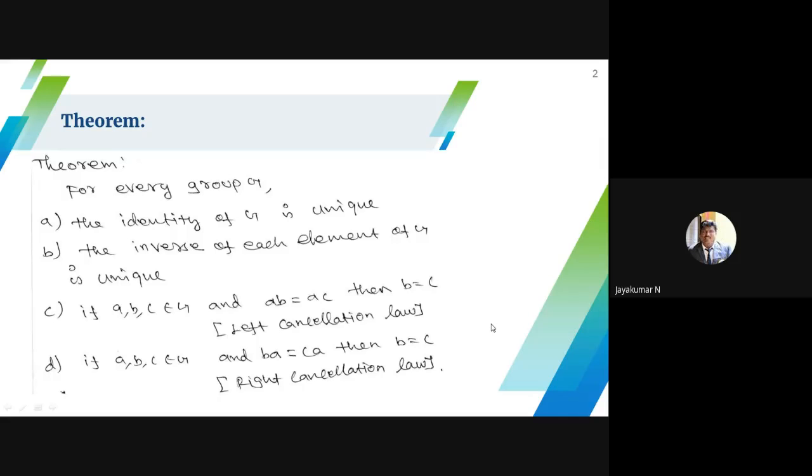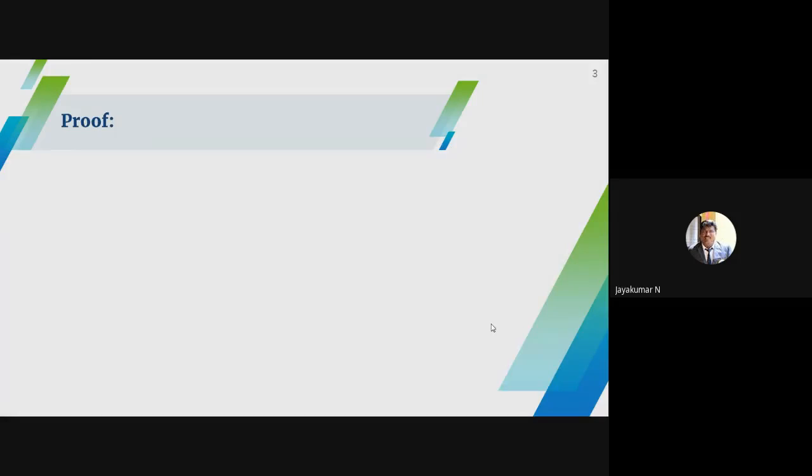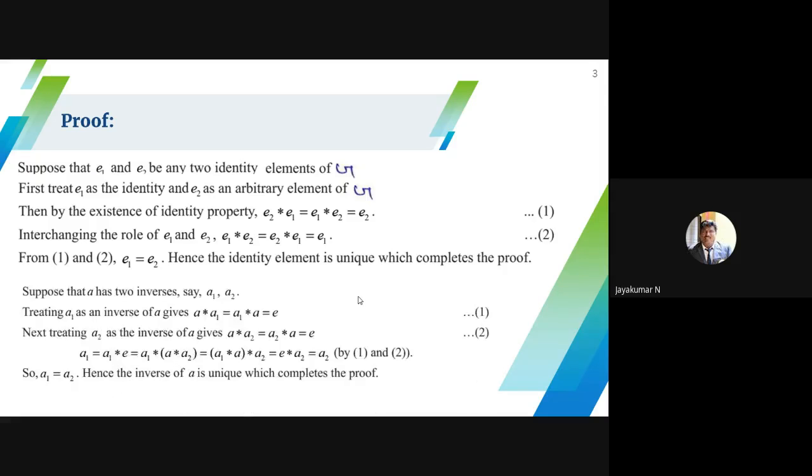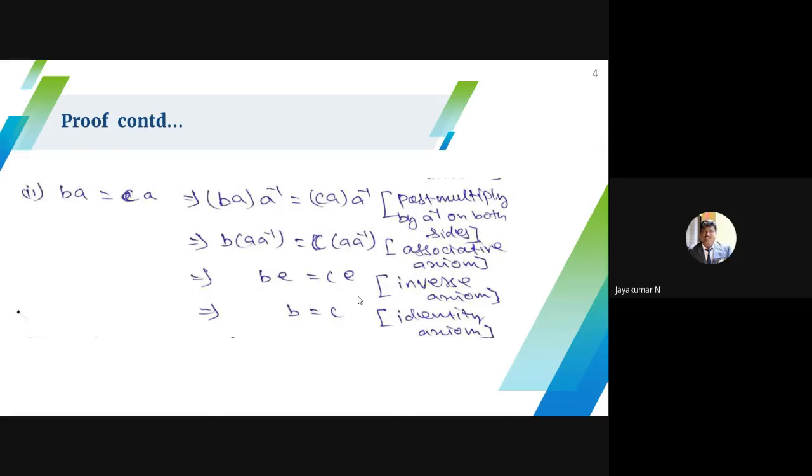So these four you already studied in school itself. I took the school proofs also. Just go through it. This is the proof that the identity element of a group is unique. This is the proof that the inverse of each element is unique. This is the proof of the right cancellation law.